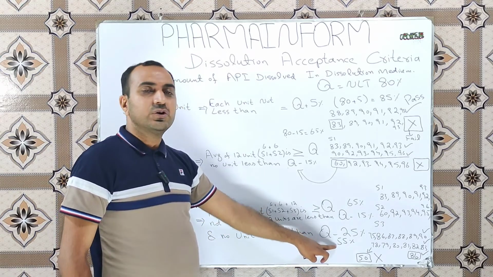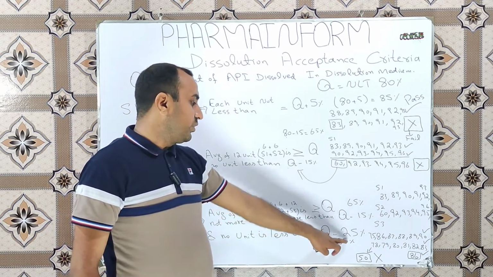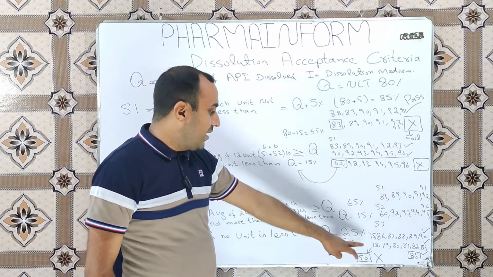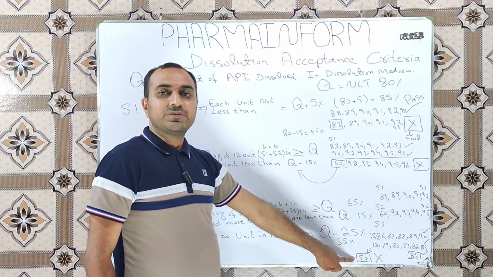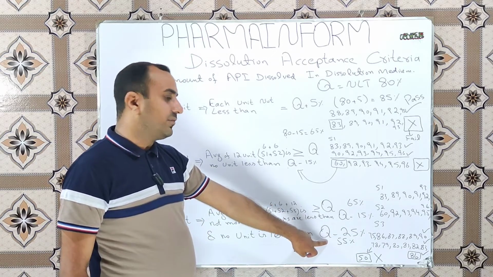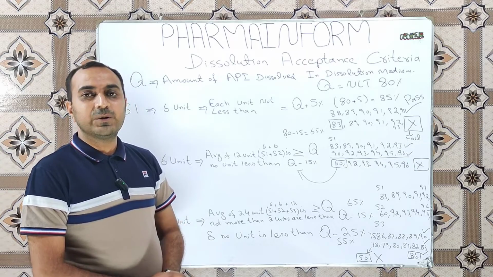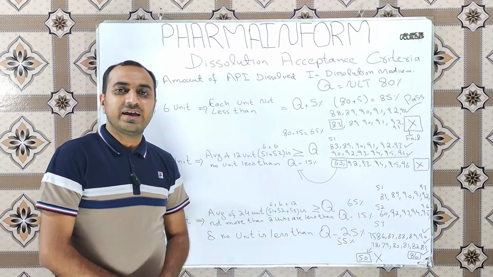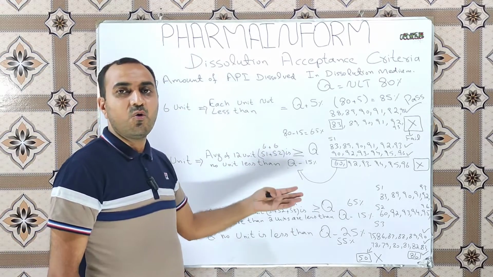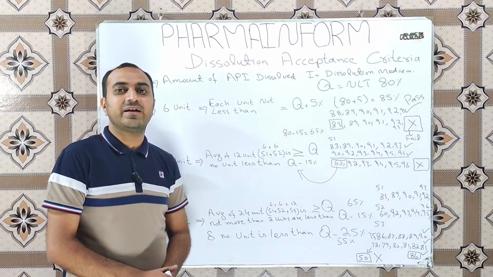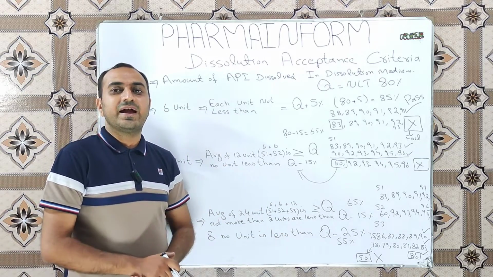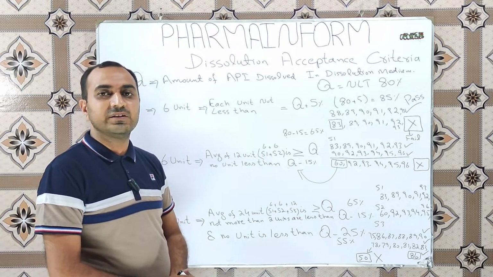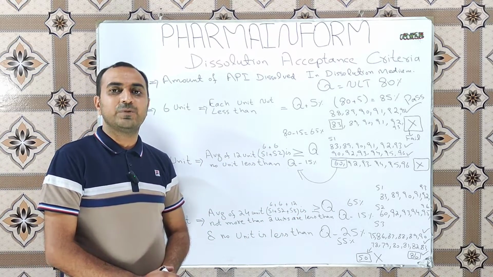In our case, no unit should be less than 80 minus 25, meaning no unit should be less than 55%, but our result is 50% for one tablet, which is less than 55%. So our batch will fail at the S3 stage, and when our batch fails at the S3 stage, we will generate the OOS, meaning out of specification, perform the investigation and also check for lab error, and if no lab error is found in the testing, then our batch will fail.